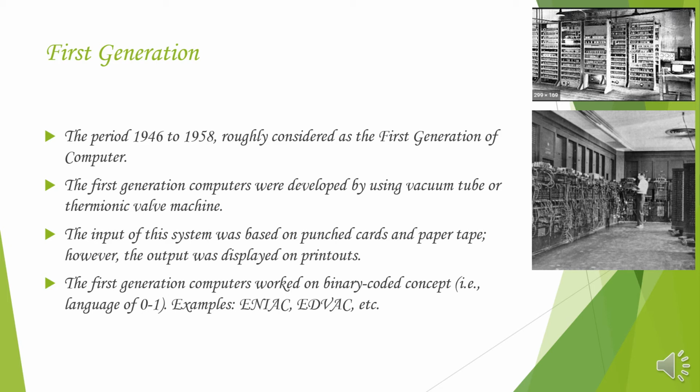The inputs of this system were based on punch cards and paper tape, and the output was provided as a printout. The first generation computers worked on a binary coded concept, which means they take signals of zeros and ones, called the binary system. These computers were very huge, slow, expensive, and often undependable.